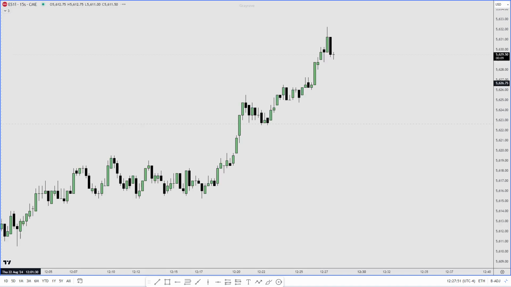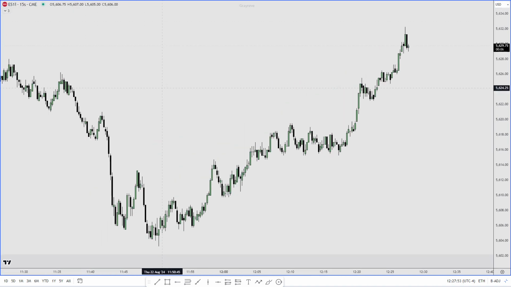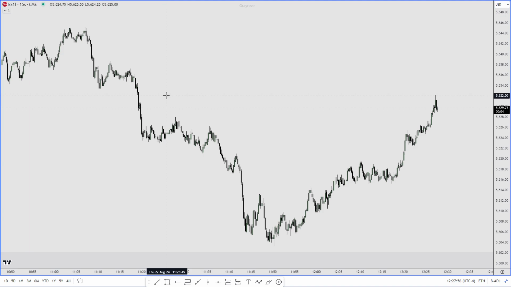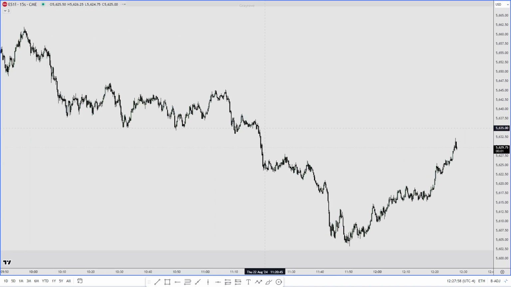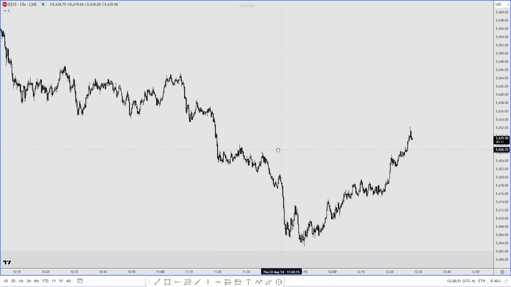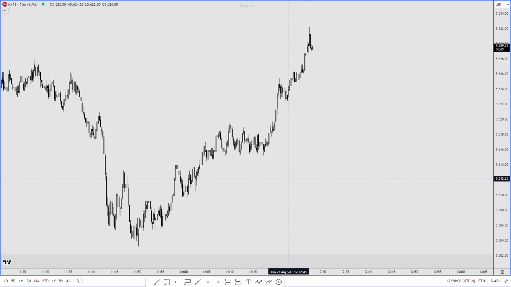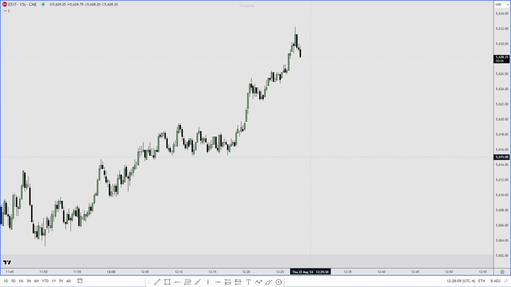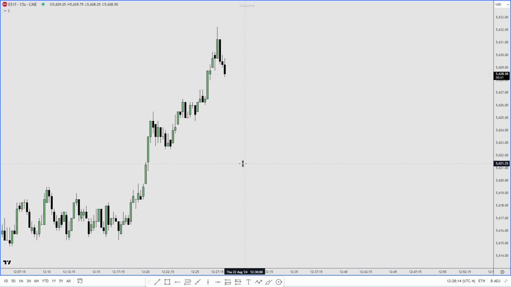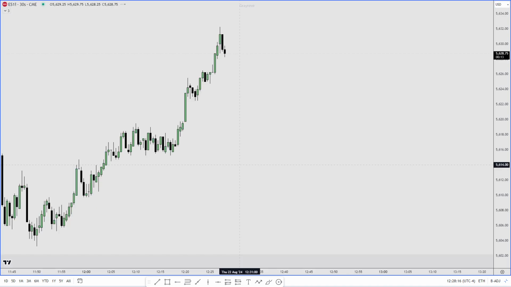Alright, we have tagged the breakers closing price. Let's see if it wants to reverse.